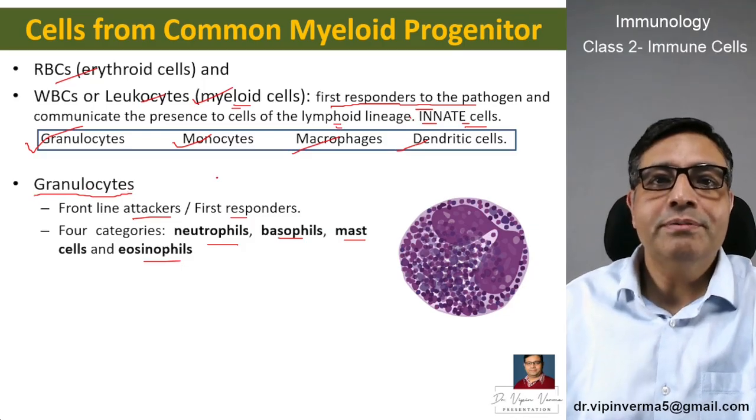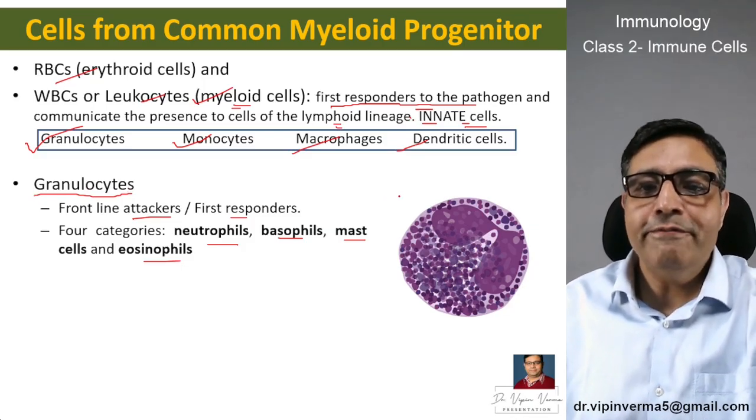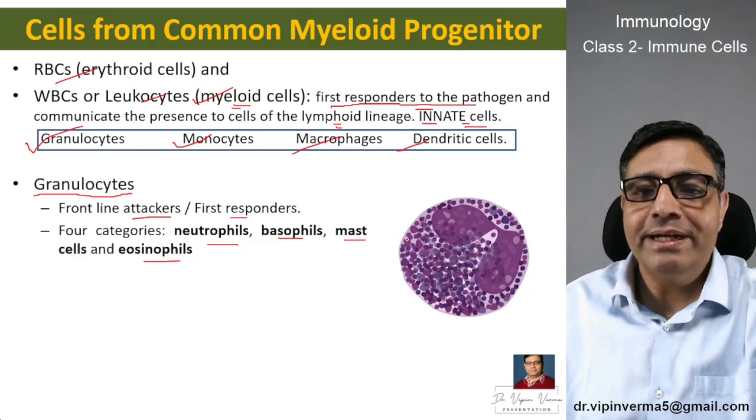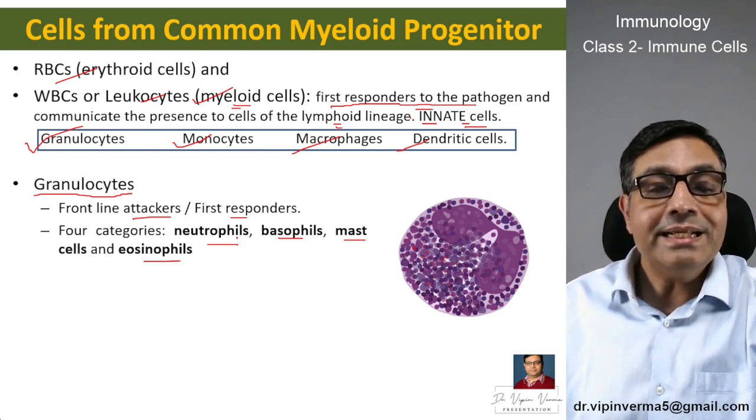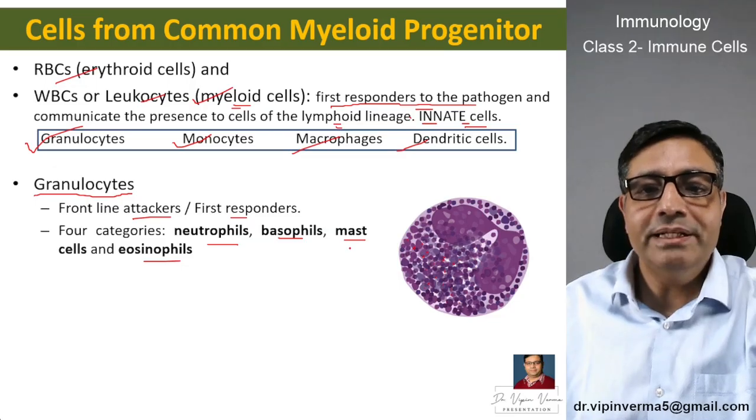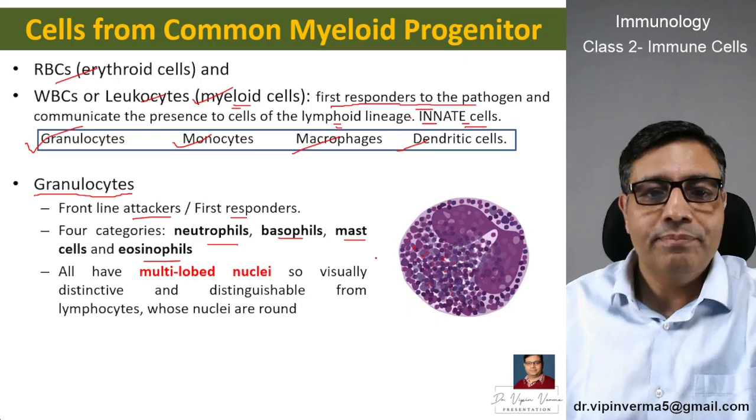And why do we call them granulocytes? Because if you see under the microscope, you will find a lot of granules inside them, right? And that's the reason they are known as the granulocytes. So they can be categorized and differentiated based on the kind of granules found inside them.